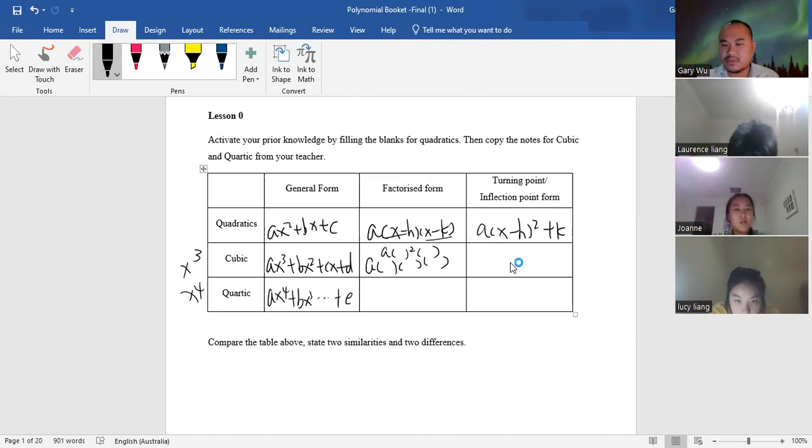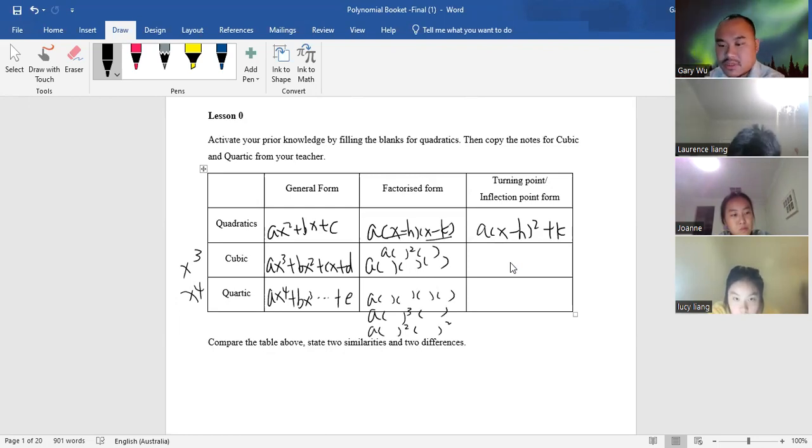Something like that. Does it make sense? And for the factorized form for quartic, it would be a and 4 brackets here, or it can be to the power of 3 times 1 bracket, or a square bracket and another square bracket, something like that. So this is what we call factorized form. Does it make sense?